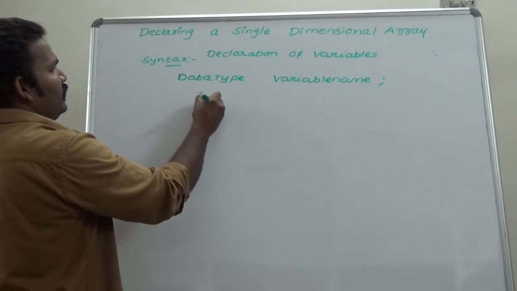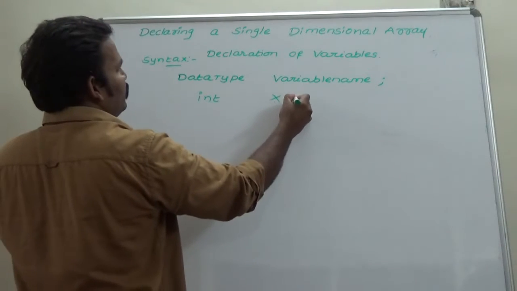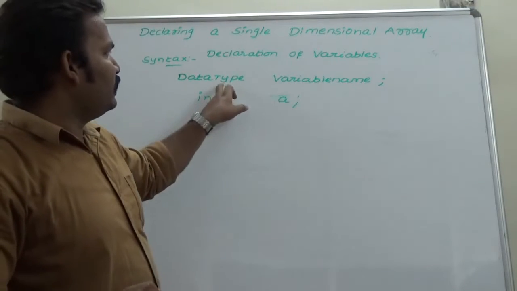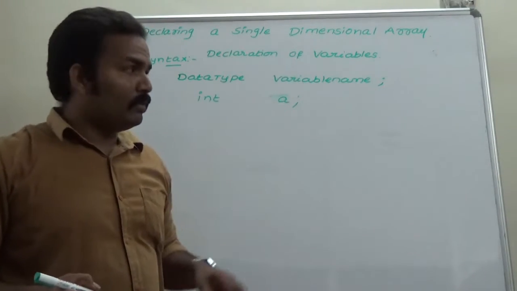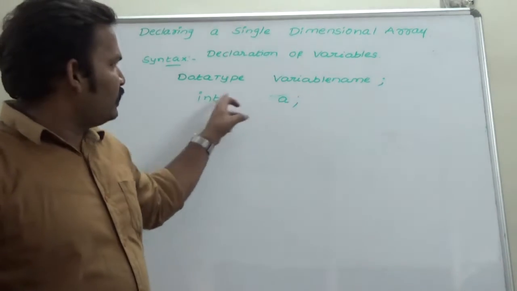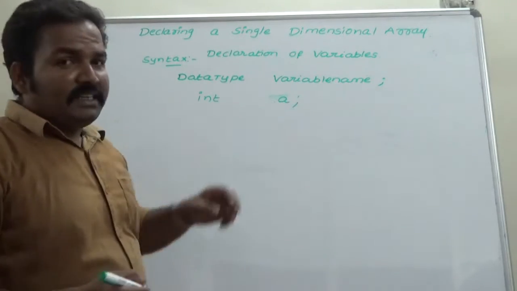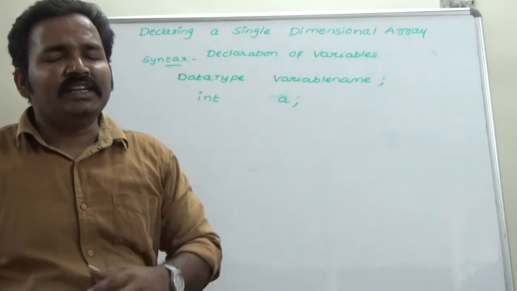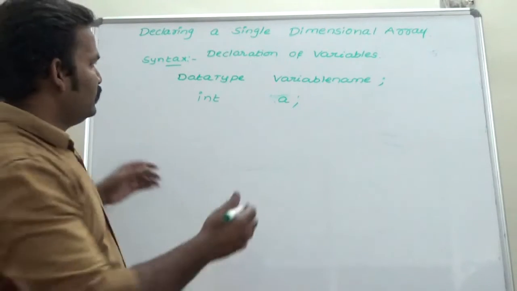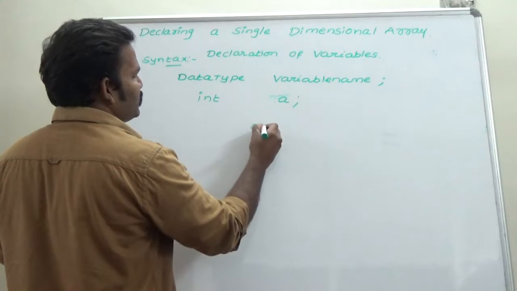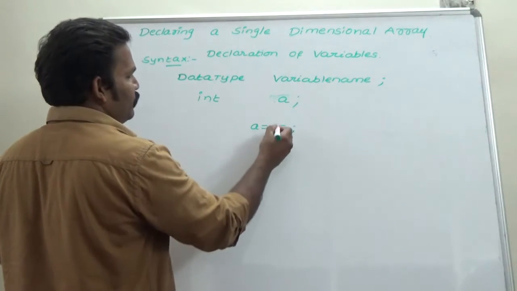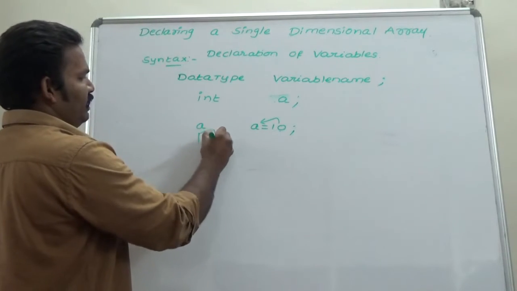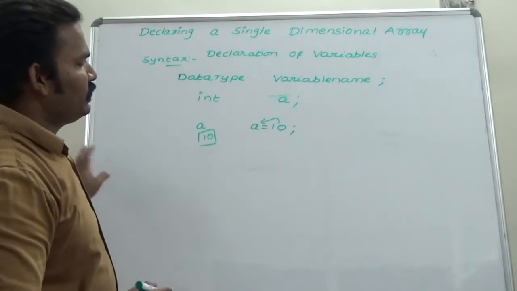For example, int a. Here int is the data type, a is a variable, and a is declared as int data type. That means a can hold only integers. Here I am assigning the value 10, which is stored in a.